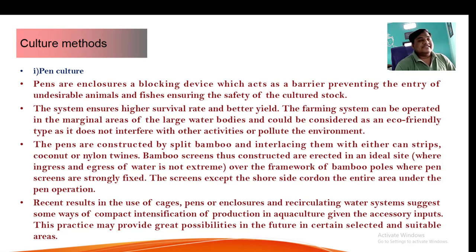So this practice may provide great possibilities in the future in certain selected and suitable areas where ample water is present throughout the year, and that water body we can use for pen culture.